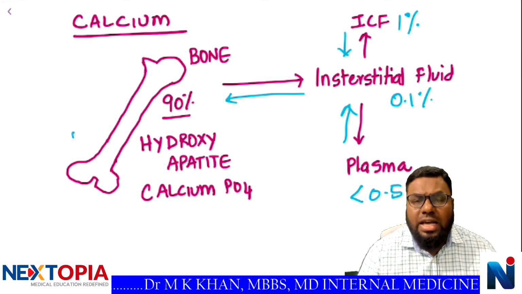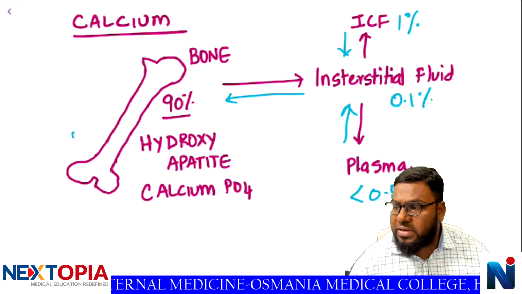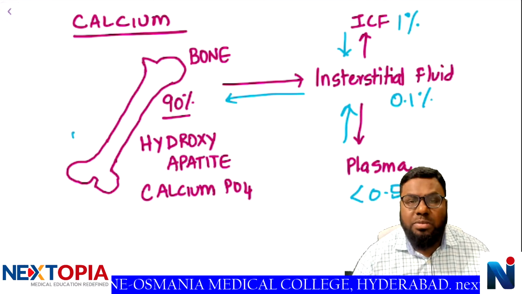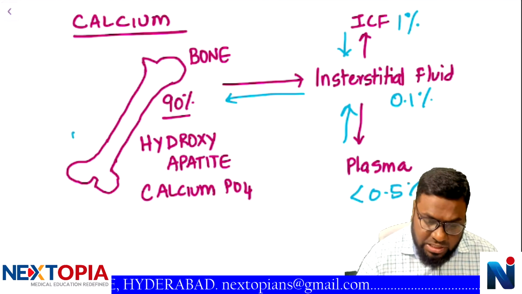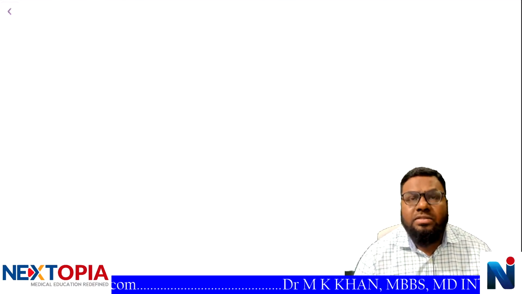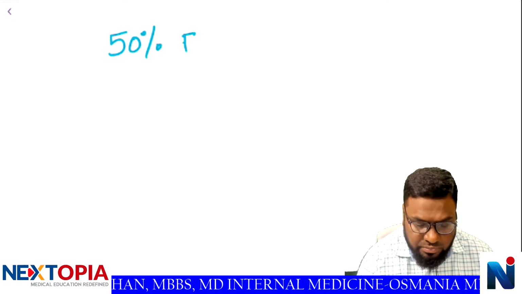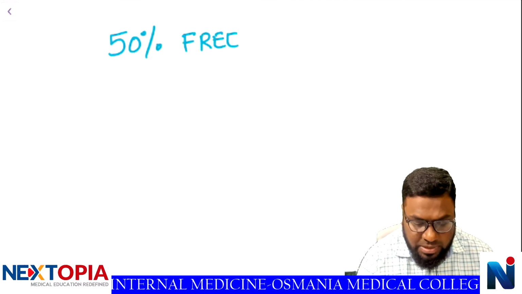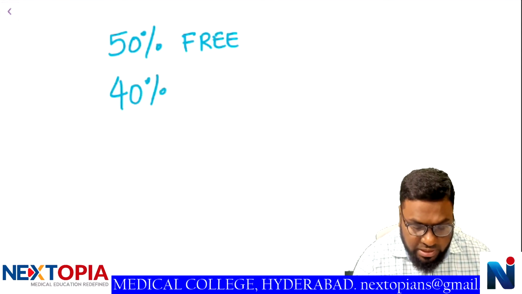The rest of all the calcium is stored in the bone, and whenever we want, we can extract this calcium from the bone. If you see the plasma calcium, it represents 50% ionized free calcium. 50% of the plasma calcium is free. 40% is attached to the proteins, protein bound.